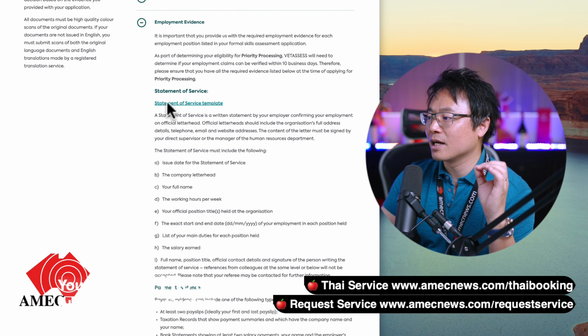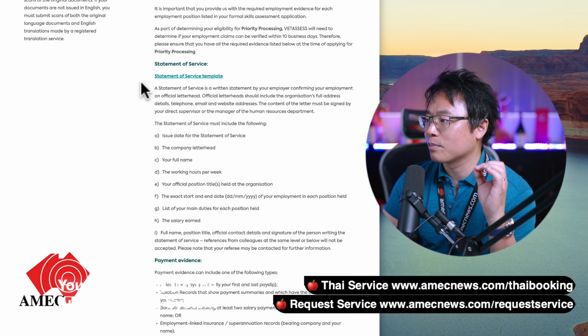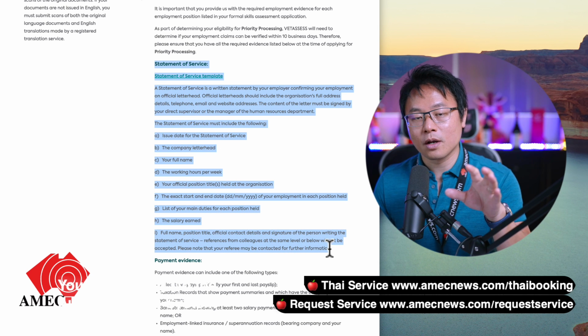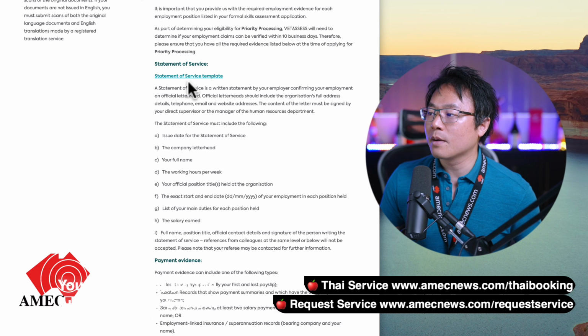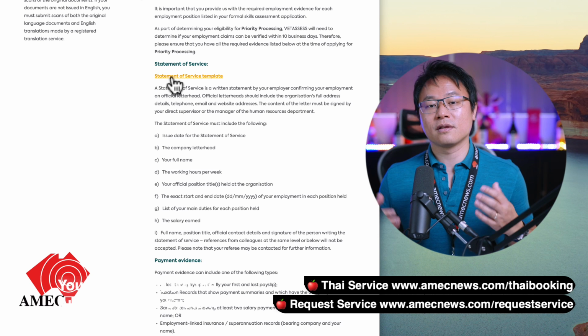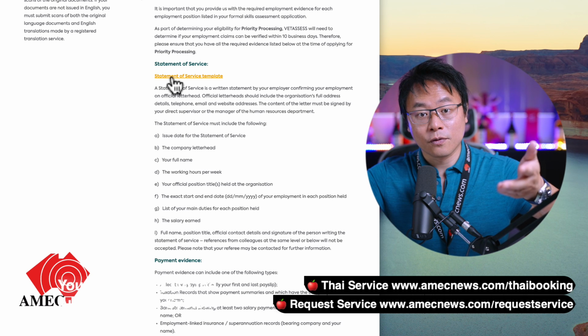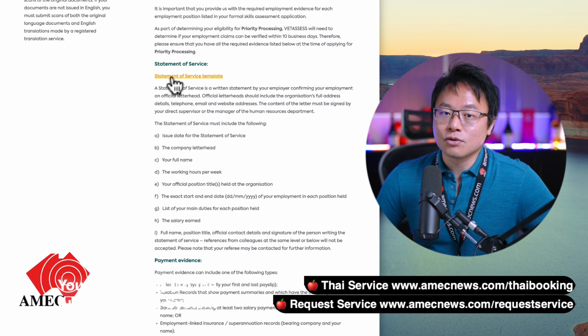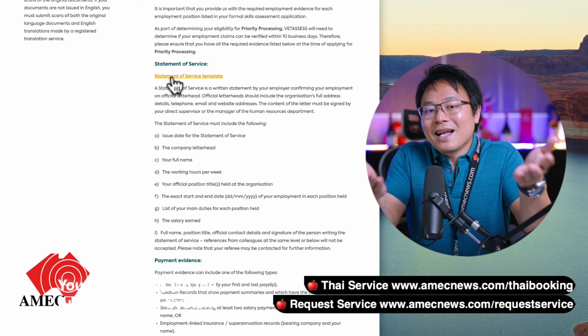Now, first of all, there is a statement of service template. This is very important, and it's probably one of the hardest, because sometimes the template that VETASSESS or the Australian authority wants is probably not what your employer will actually issue to you, correct? And that is a lot of problem.